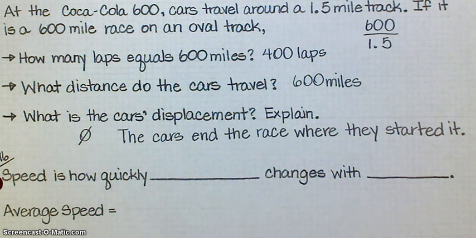Mm-hmm. Okay, so their displacement is actually 0. Even though their odometer is going to say that they have traveled 600 miles, they haven't really gone anywhere because they're just going around and around and around a track.